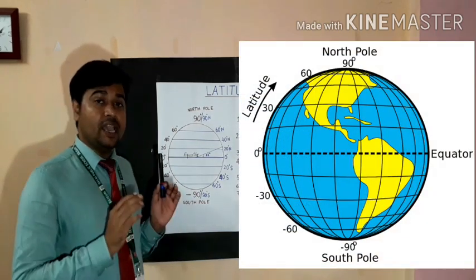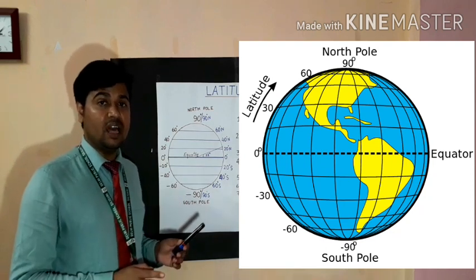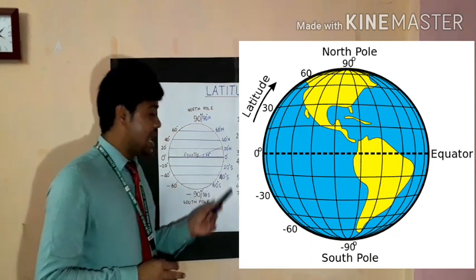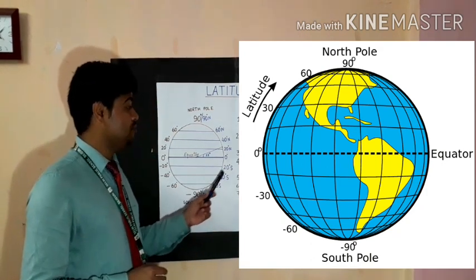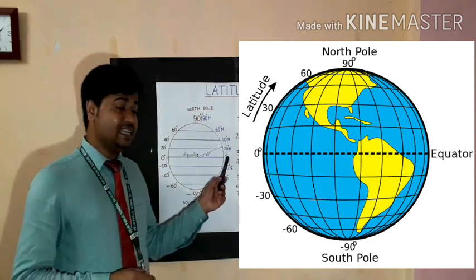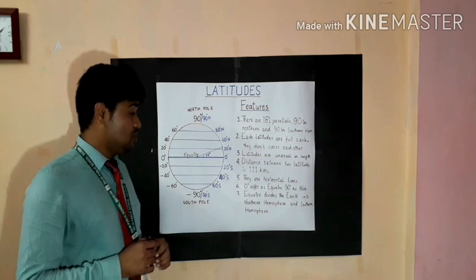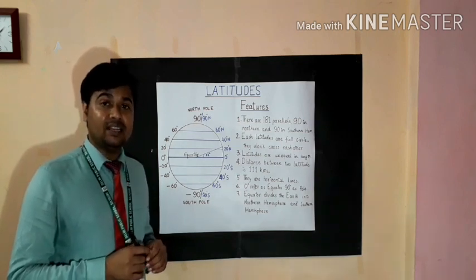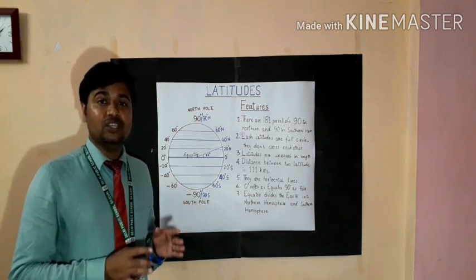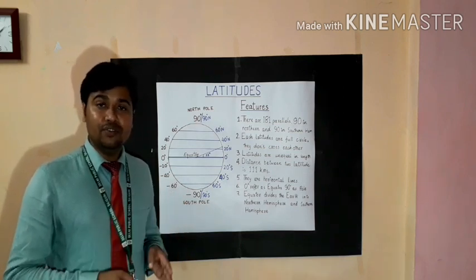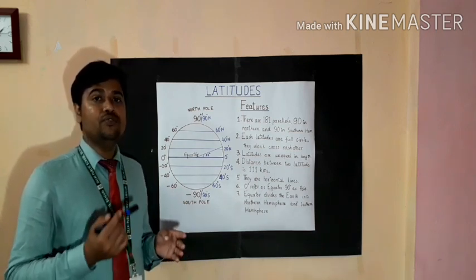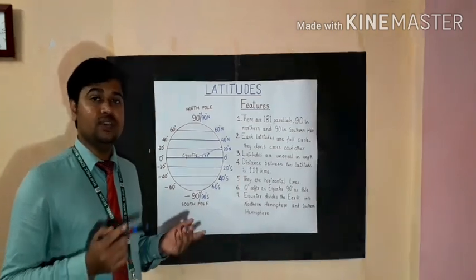Latitudes are imaginary horizontal lines which are parallel to the equator and extended from east to west or west to east.